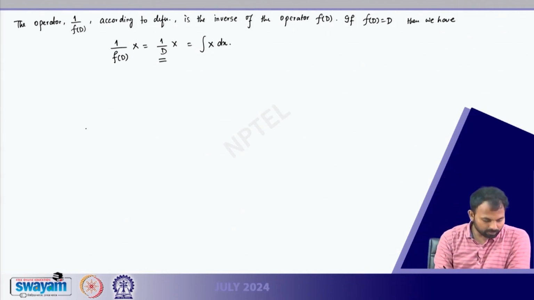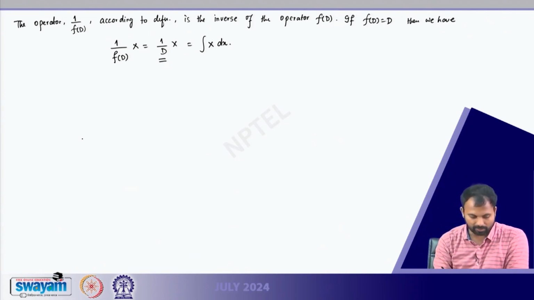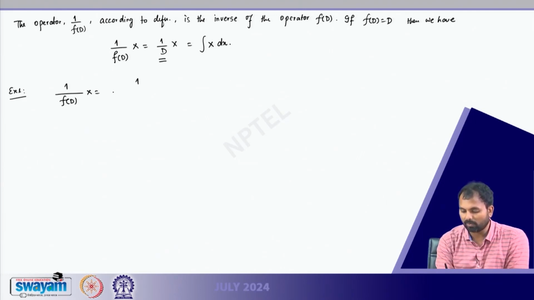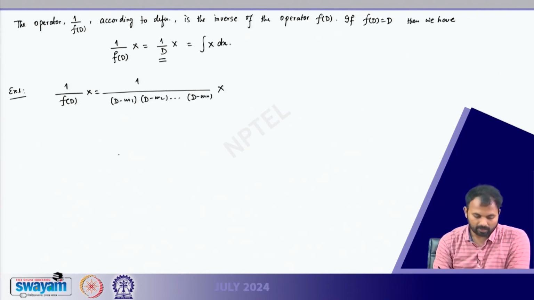So there are ways to find out this particular integral. Suppose, for example, that you know how to factorize this. I have found out that I can factorize this as (D minus m1)(D minus m2) up to (D minus mn) of capital X, right.